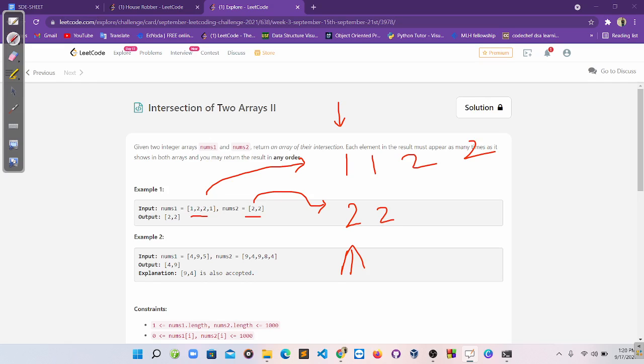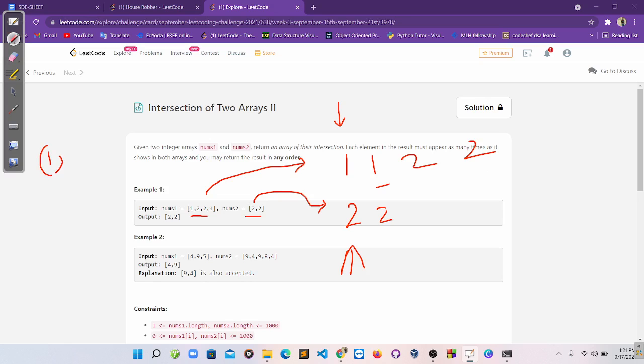So if we increase this pointer and check the next element, there is a chance that we get 2, because this one is less and that one is greater.